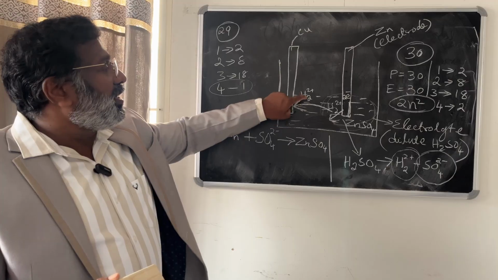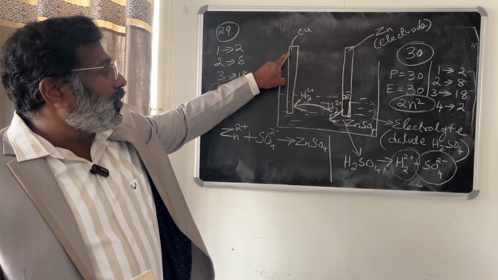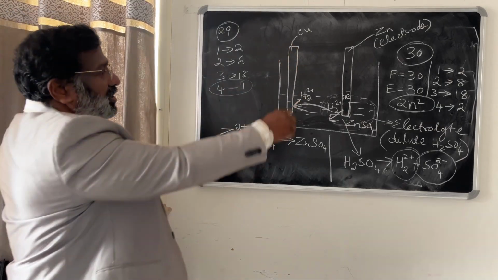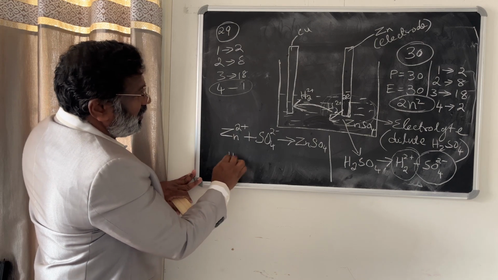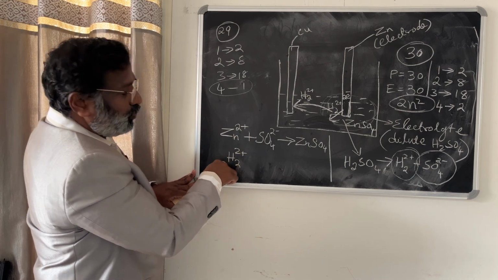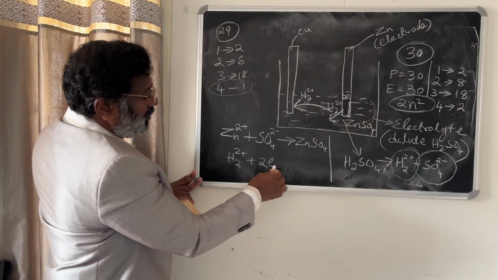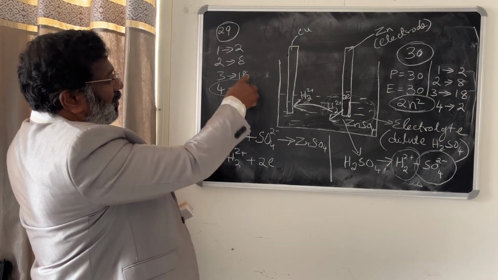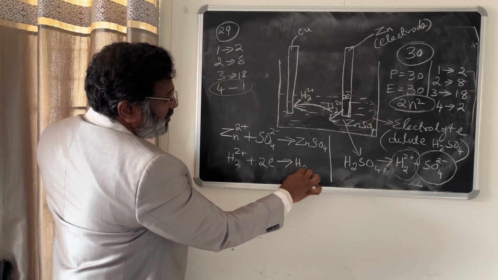Once the hydrogen ion reaches the surface of the copper electrode, a chemical reaction takes place. The hydrogen ion has a shortage of 2 electrons, so it takes 2 electrons from the copper atom and becomes hydrogen gas.